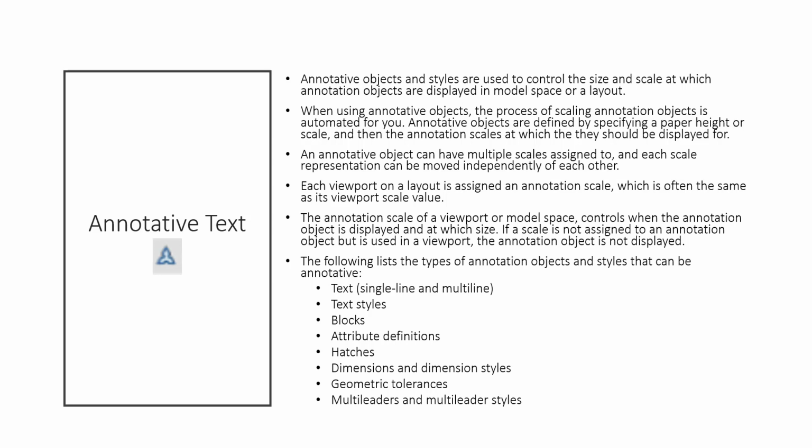If a scale is not assigned to an annotation object but is used in a viewport, the annotation object is not displayed. So that's very important to note. So if you were actually to put in text that was 1 inch equals 10 feet and it wasn't annotative, and you made a viewport that was 1 inch equals 20 feet, and you had text that was created in 1 inch equals 10 non-annotative, it would not show up in the 1 inch equals 20 foot viewport.